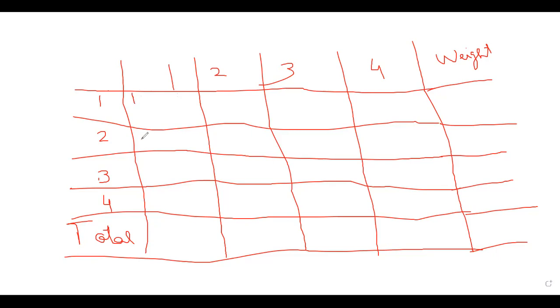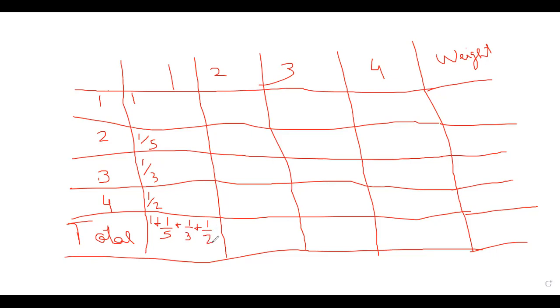I have 1 over 5, 1 over 3, 1 over 2. So now the first step will be to sum these scores. So I do 1. So here in the total, it's 1 plus 1 over 5 plus 1 over 3 and plus 1 over 2.